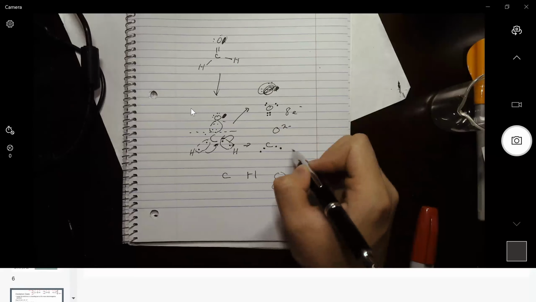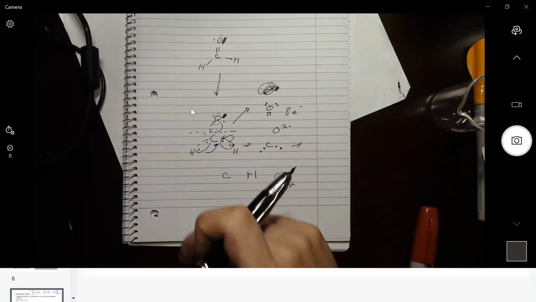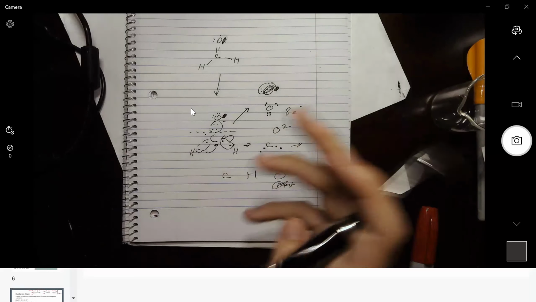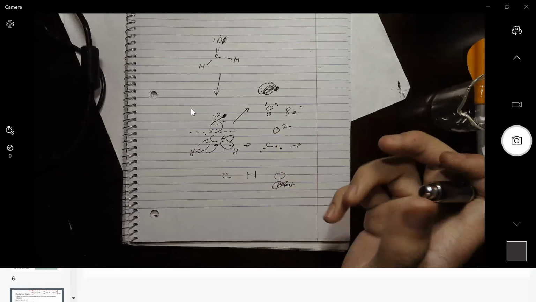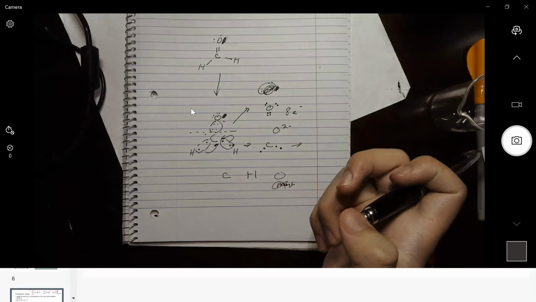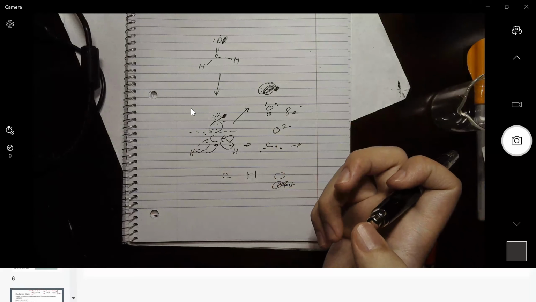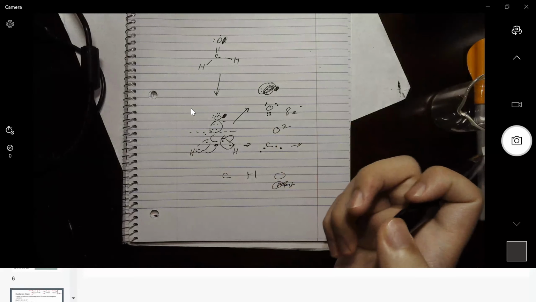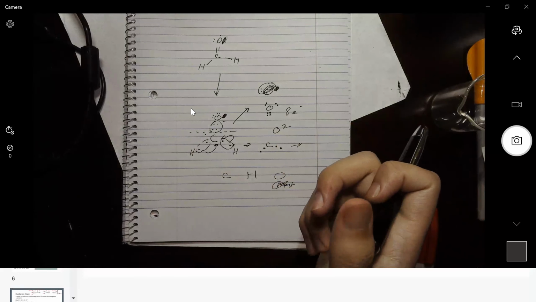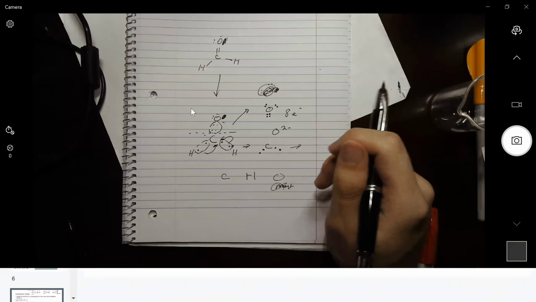Now, what's the oxidation state of this carbon atom? What should the oxidation state be?